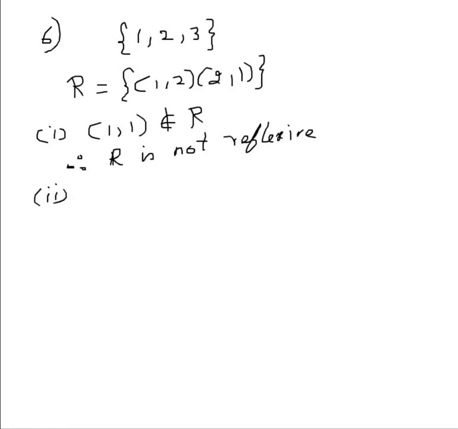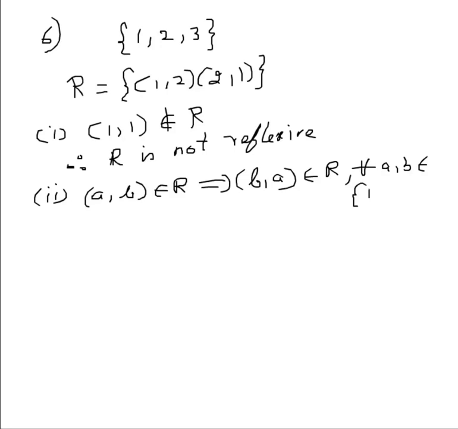Let us do the second one. (1, 2) belongs to R. (2, 1) also belongs to R. Similarly, if you take (2, 1), (1, 2) is there. So we'll write the general proof because it is symmetric. (a, b) belongs to R implies (b, a) belongs to R, and it is true for any a, b taken from the set {1, 2, 3}.